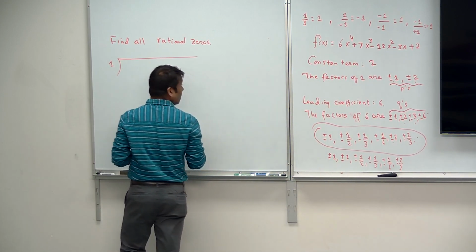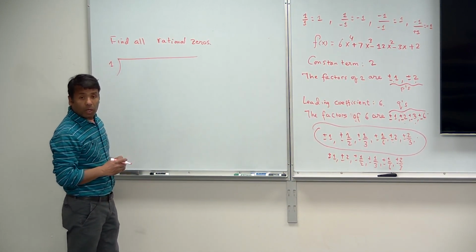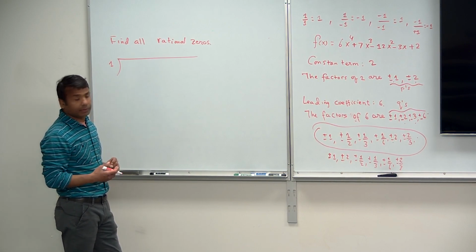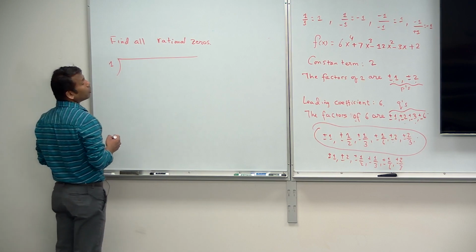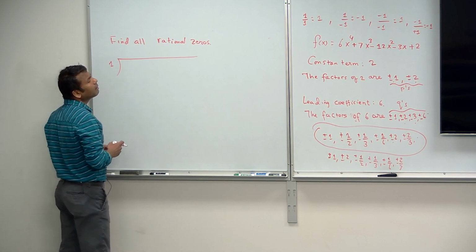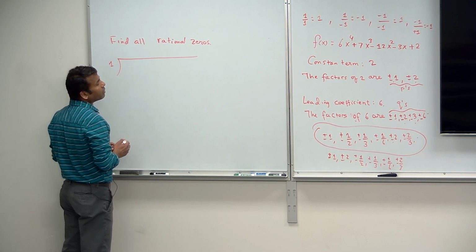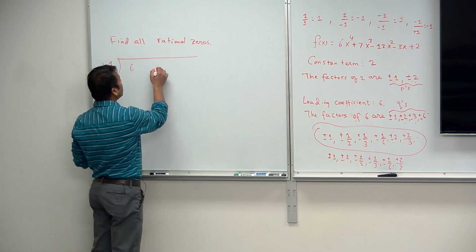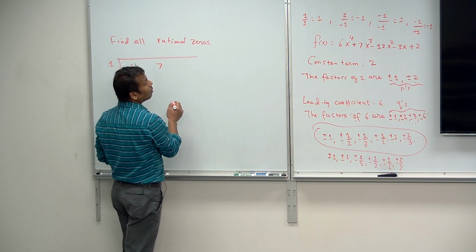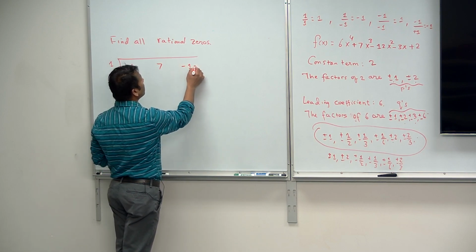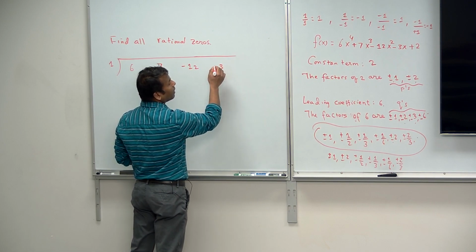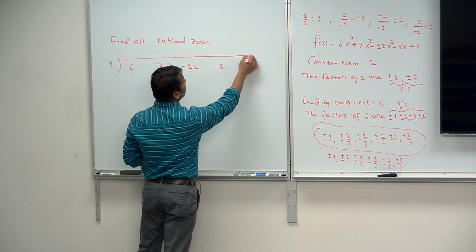You list the coefficients of the variables in decreasing order. What is the coefficient of x to the power 4? You write down 6. What is the coefficient of x cubed? 7. What is the coefficient of x squared? Negative 12. What is the coefficient of x? Negative 3. And what is the constant term? 2.